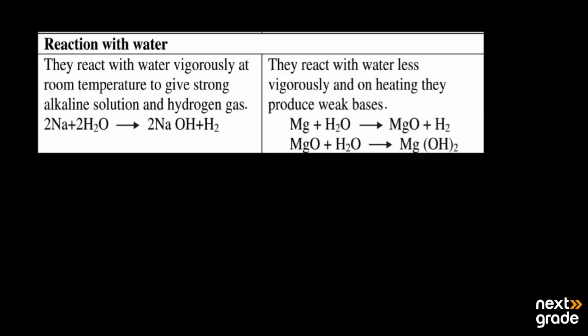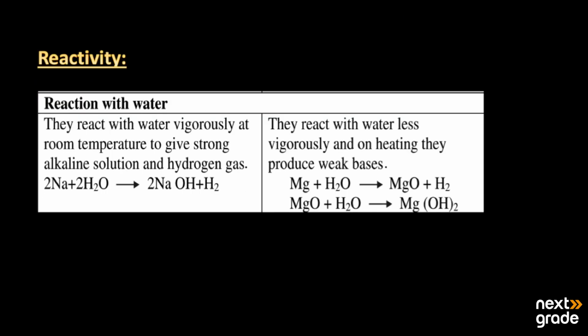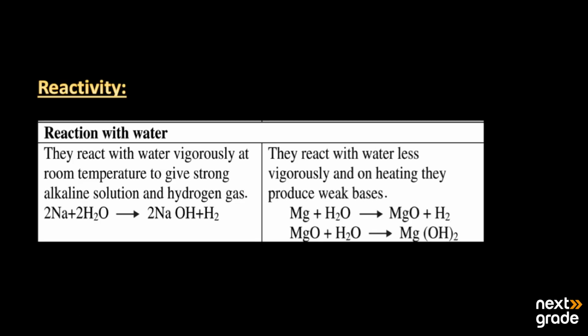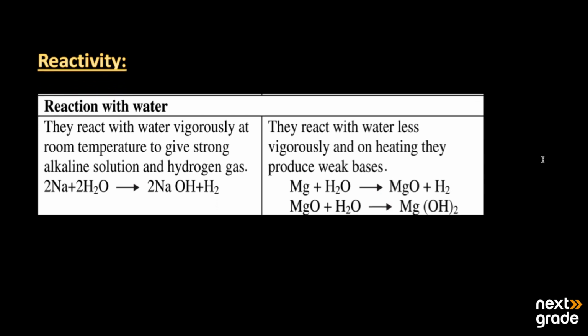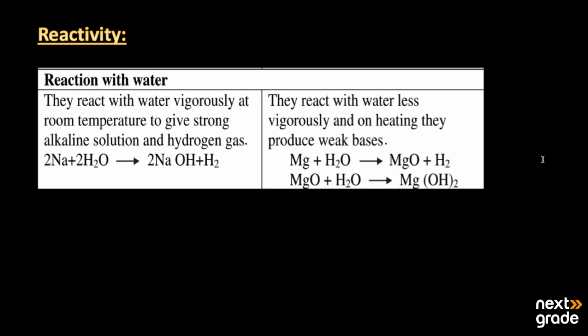Then we have their reactivity, or some reactions. The first reaction is between the alkali and alkaline earth metals with water. The formula of water is simple H2O. This is the group 1A elements, and this is the group 2 elements reaction.